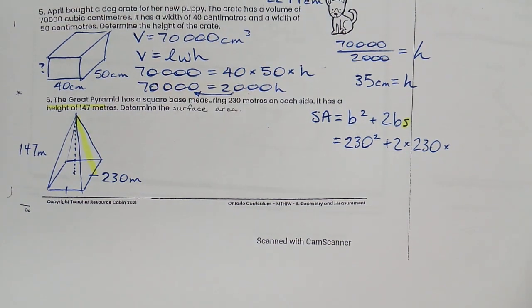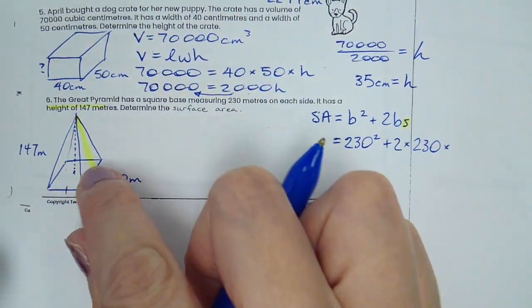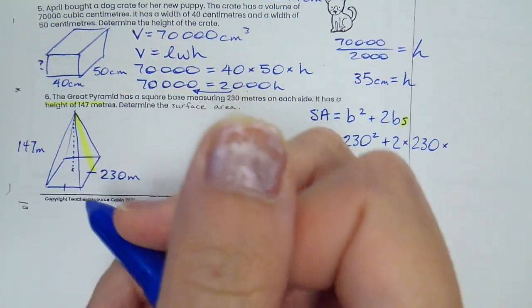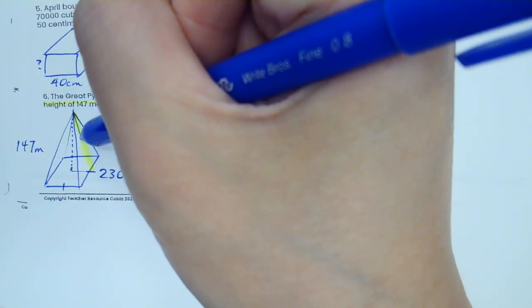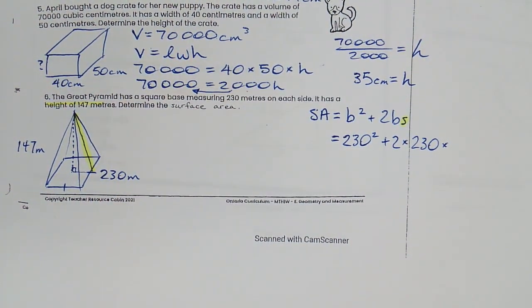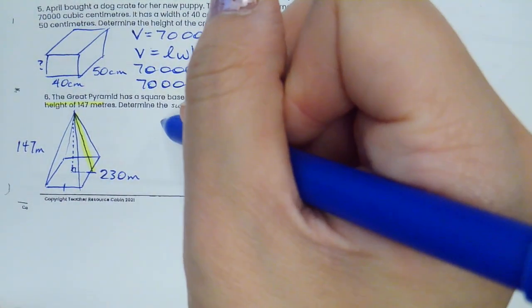Right? So if I were to open this up and draw a net, I actually have a right angle triangle then. So whenever we have an unknown side, what do we do? Pythagorean theorem. That's right.